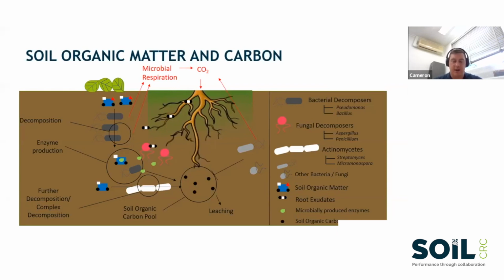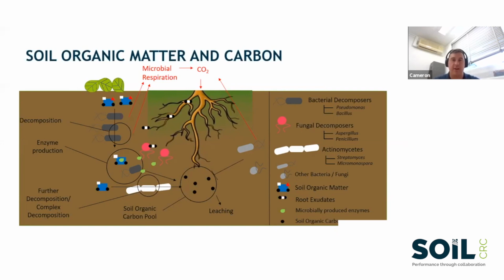If you suddenly increase the amount of carbon sitting in your soil rapidly, the microbes, especially the r-strategists, which I'll talk about a little bit later, go, thank you very much, I'll take all that carbon, and they rapidly reproduce and expand, and then you get this influx of CO2 in the atmosphere. That's because in the process of breaking down that carbon, they produce carbon dioxide as a byproduct.